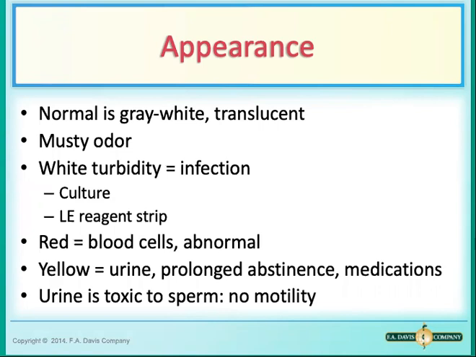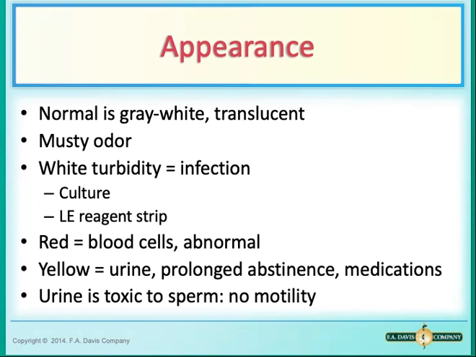Okay. You may have to perform a culture when you're doing a semen analysis, depending on the appearance of it, and if you suspect that there's a high count of white blood cells. Specimens sometimes can have a red coloration to them, and that could be associated with red blood cells, and that is abnormal.